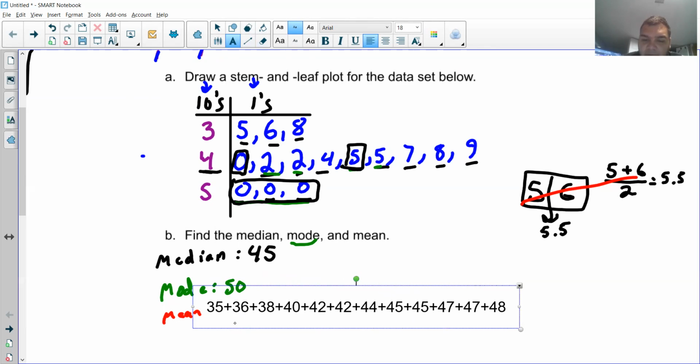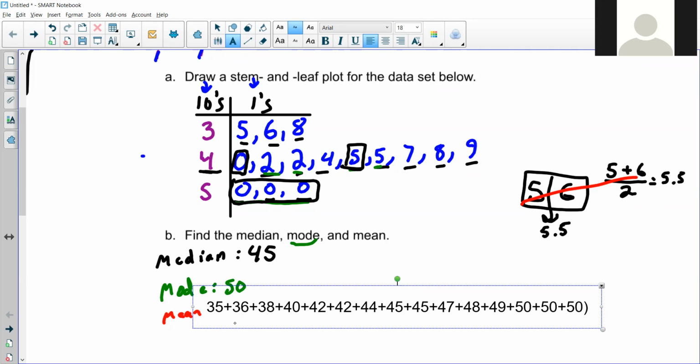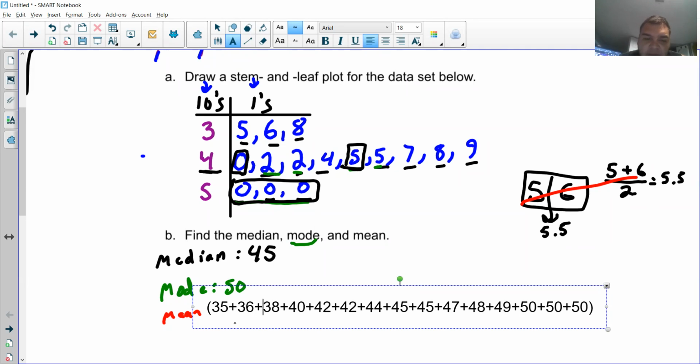Oh, wait, no, 47. 48 plus 49 plus 50 plus 50 plus 50. And remember, you're going to do that. And what are you going to divide it by? How many numbers are there? And if you read the instructions, it said 11. And even if you didn't believe it, you could just count that there's 11 of them.